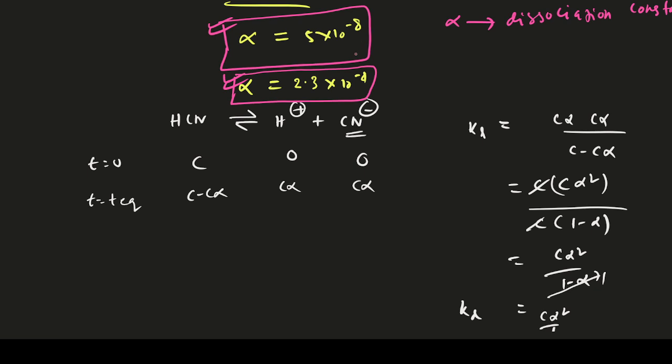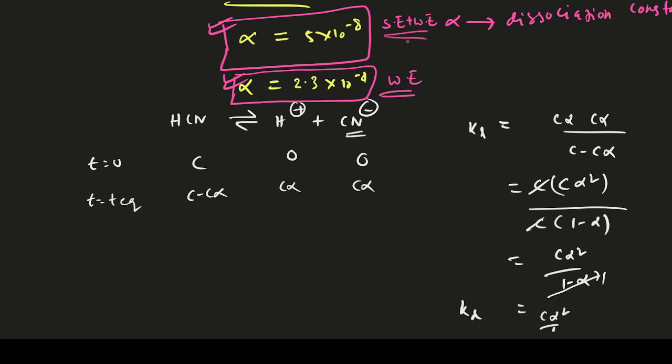So this is strong electrolyte plus weak electrolyte, and this is only weak electrolyte. Whenever no strong electrolyte is added, the alpha value is 2.3 into 10 raised to minus 4, which is the higher value, since a less negative power means a higher value.